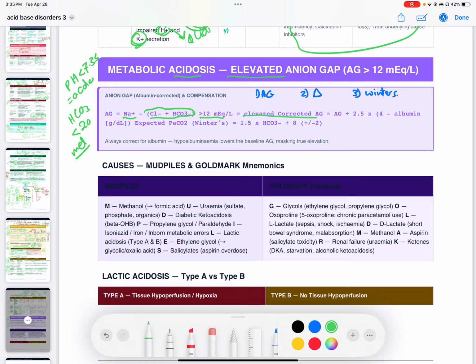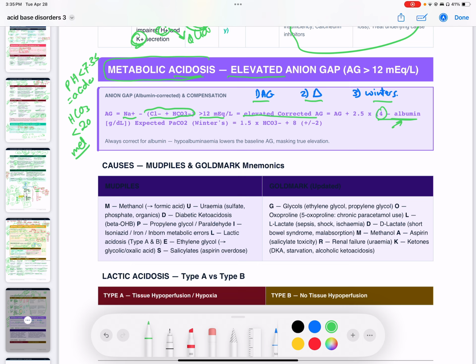So again, if you remember, if you see any metabolic acidosis, there are three questions. First one, anion gap: you need to calculate it, and you also need to correct it for the albumin. And we learned how to correct the anion gap for the albumin, which is 4, the normal albumin level, minus whatever albumin level the patient has.